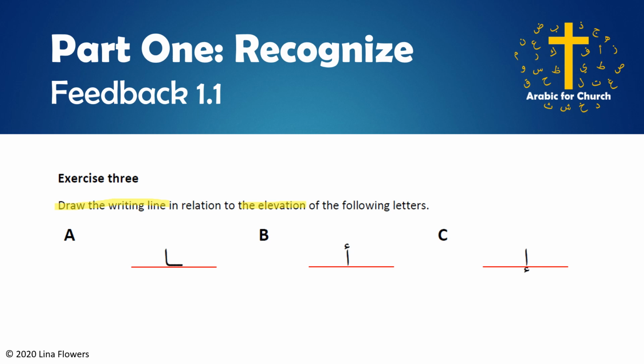Ruq'a is a very common writing style that we use with handwriting. The other, actually the more common writing style is khatt al-nasakh, and it's used to copy books. So in the typewriters and in the typeface of Arabic, the most commonly used elevation follows khatt al-nasakh.